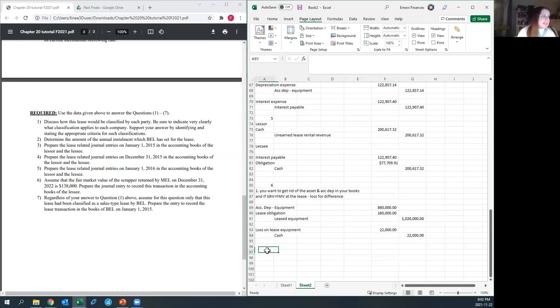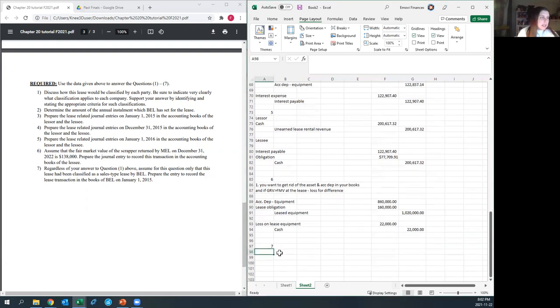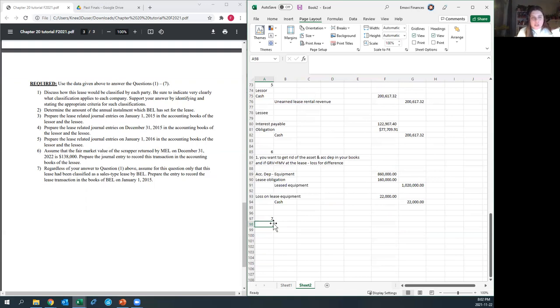For requirement 7, regardless of your answer to question 1 above, assume for this question only that this lease had been classified as a sales type lease by Bell. Prepare the entry to record the lease transaction in the books of Bell on January 1st, 2015. So this is the same transaction as we did for question 1.